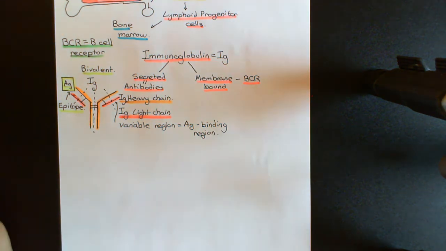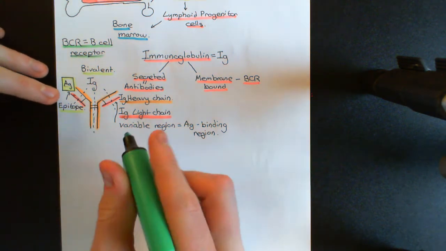So why have I called it the variable region? Well, think of all of the different lymphoid progenitor cells that are going to develop into B cells. They're all going to design their own immunoglobulin heavy chains and their own immunoglobulin light chains. That must mean that there's a portion of the immunoglobulin heavy chain and the immunoglobulin light chain that is going to be different between the different lymphoid progenitor cells once they've finished in this design process.